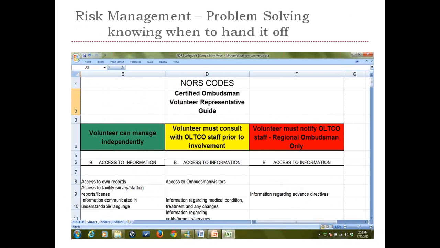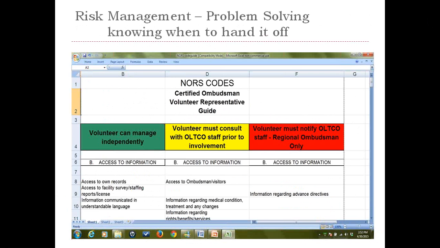To give an example, if you look at the middle section, you'll see access to ombudsman or visitors. This could go in 2 different directions. One would be a volunteer encounters Mrs. Smith. And Mrs. Smith states that her son is unable to visit her during the evening hours.